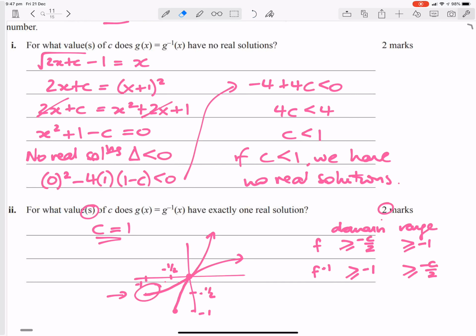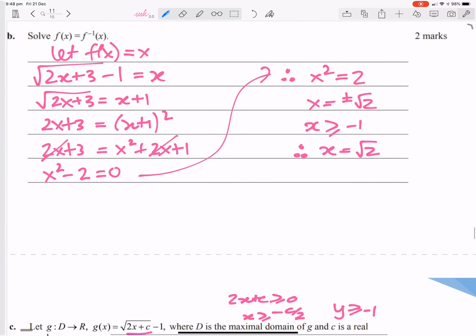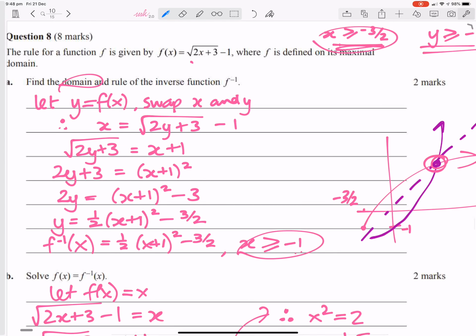So if we increase c, if we let c equal 3 on 2, and I put it into here, I will get negative 3/4, negative 3/4, and then if I put 3 on 2 into that, what would my range be?